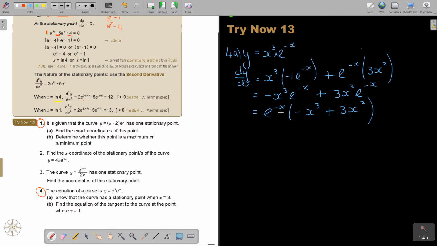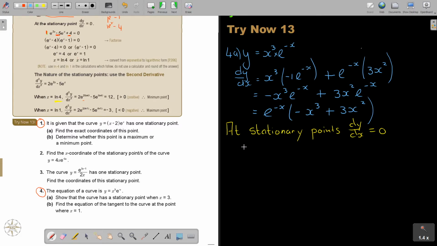You can take out the whole common factor, but I think in this case it's best to take out the e. So at stationary points, dy/dx is equal to 0.